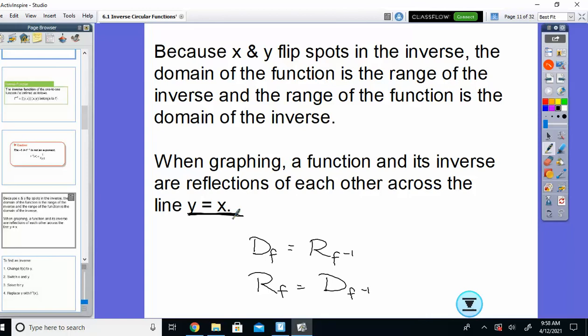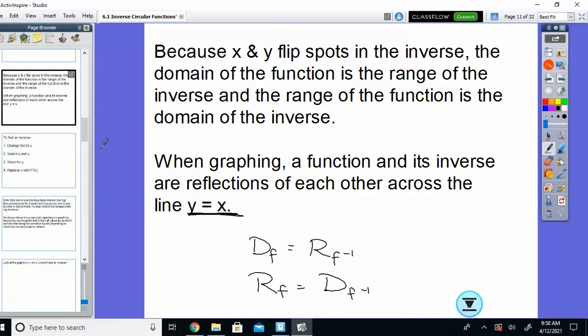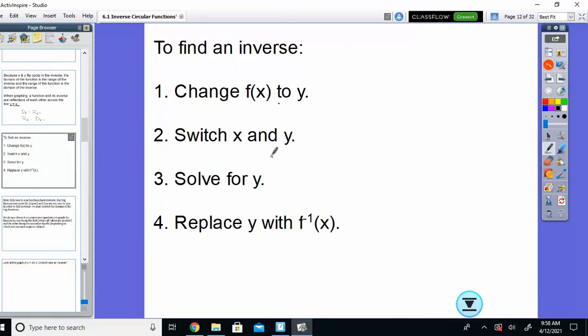Okay, so let's talk about how we find an inverse. If we're starting with a function, we have to change our f of x and replace it with, what variable is f of x the same as? Y. F of x is the same as y, so you change your f of x to a y.